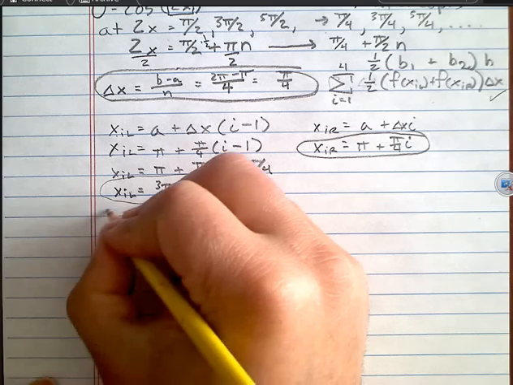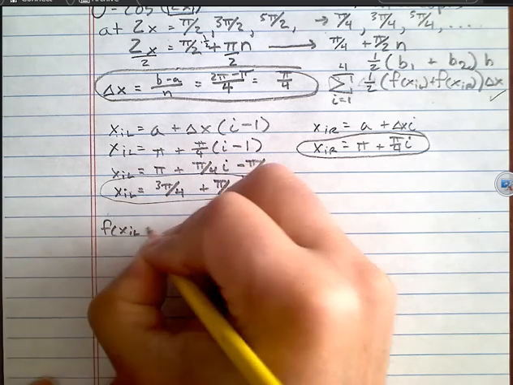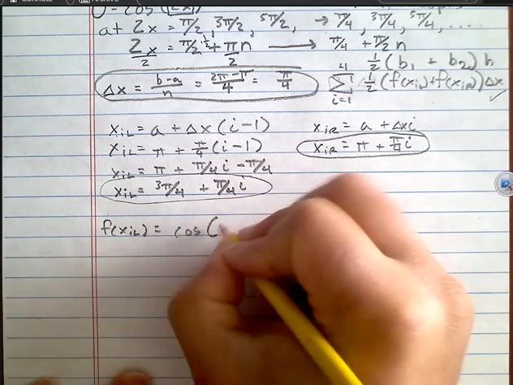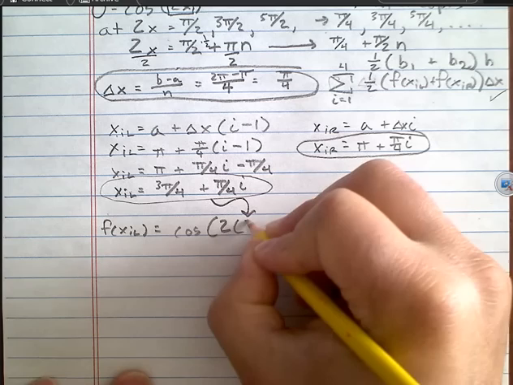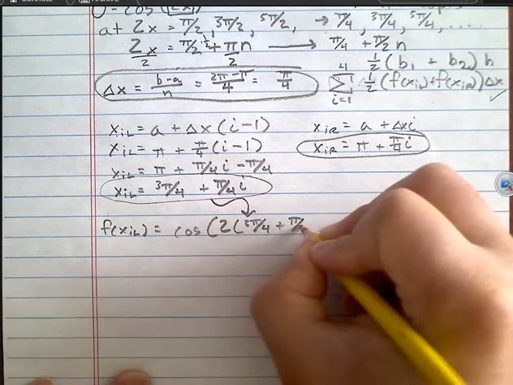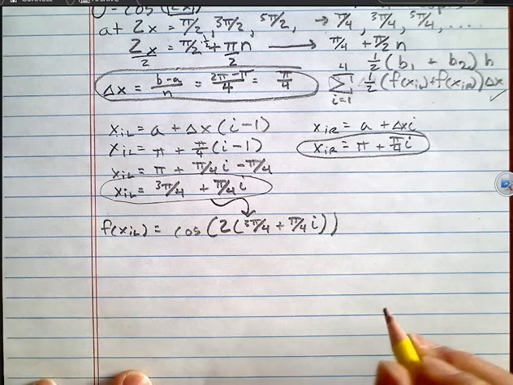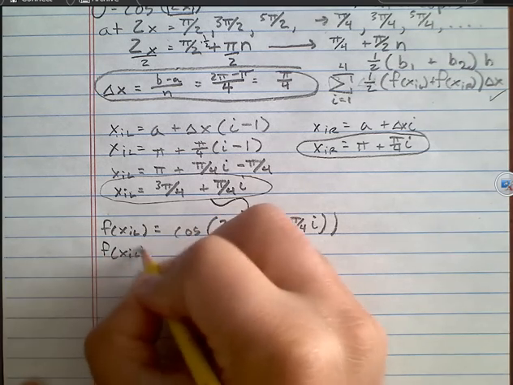Now I find f of x of i L, which is cosine of 2 times all that, 3 pi over 4 plus pi over 4 i. Well, let's simplify that. f of x of i L equals cosine.